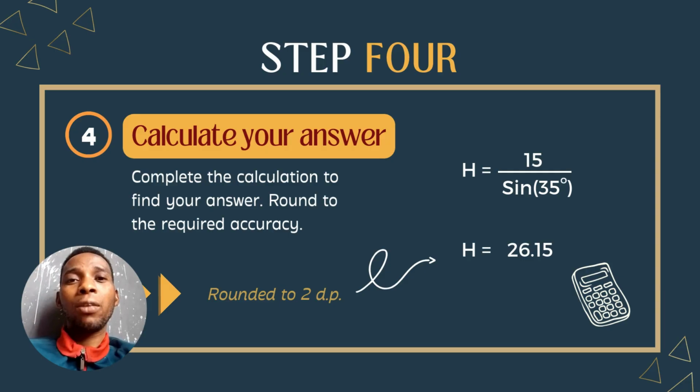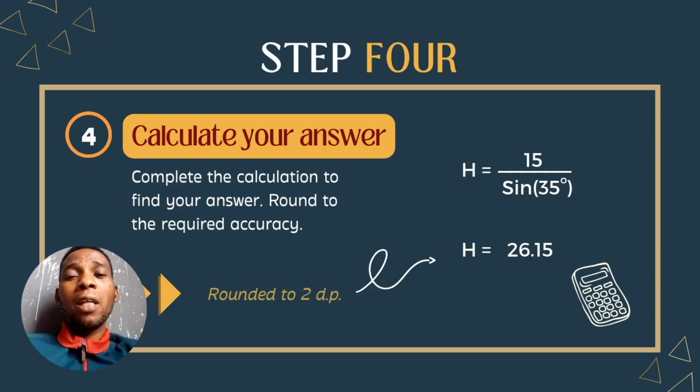You will discover that it is tan. So from here, you can just say that tan of angle equals opposite over adjacent. The opposite is given, the adjacent is unknown, and the tan of the angle is also known. So it's very easy for you to find your adjacent.